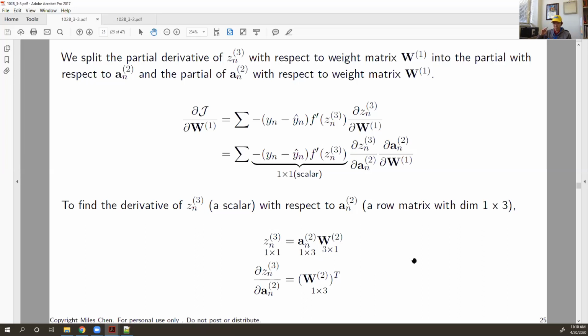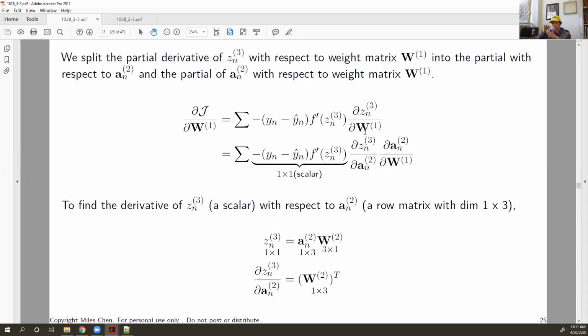Okay. Last class people said I was going too fast, so I want to take a pause here and make sure we understand what I'm doing. I'm basically doing calculus, asking how Z3 changes with respect to W1. It changes because W1 influences A2 and A2 influences Z3, right?